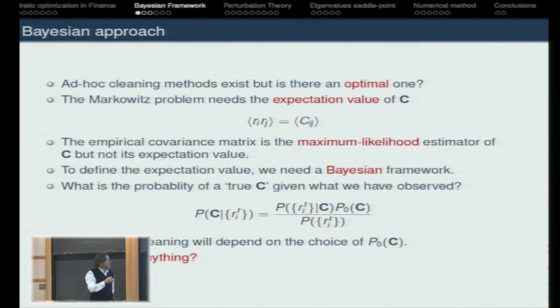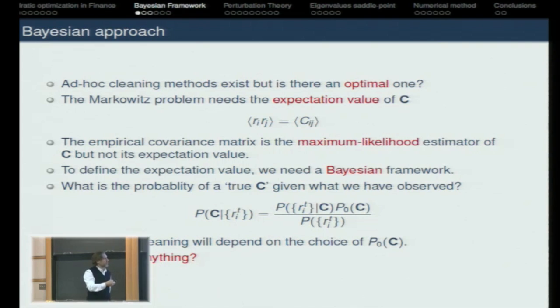You have to realize that in the optimization problem we consider, we were interested in the expectation value of Ri Rj, or in a sense the expectation value of the covariance matrix. But the sample covariance matrix is a maximum likelihood estimator. It's not really an expectation value. And the only way I know how to come up with an expectation value is to use a Bayesian framework.